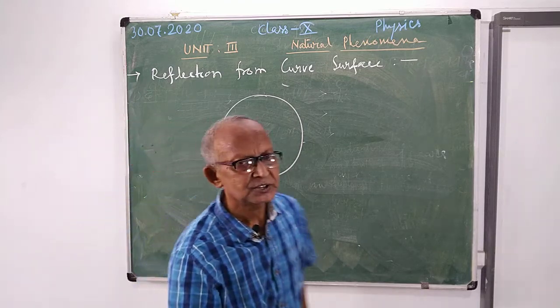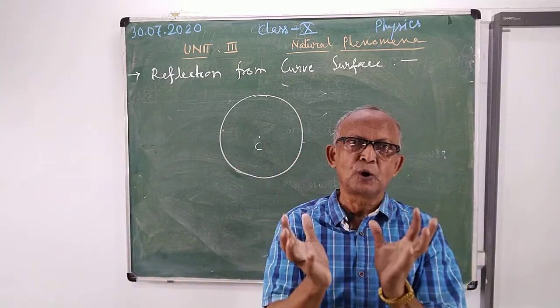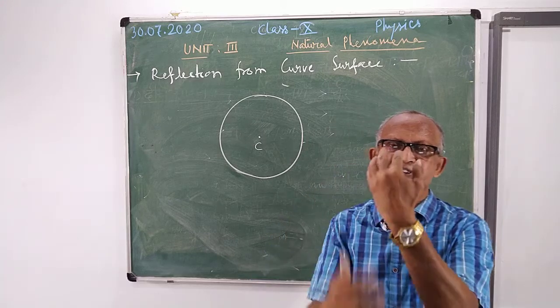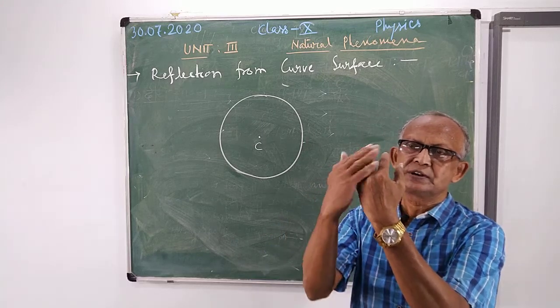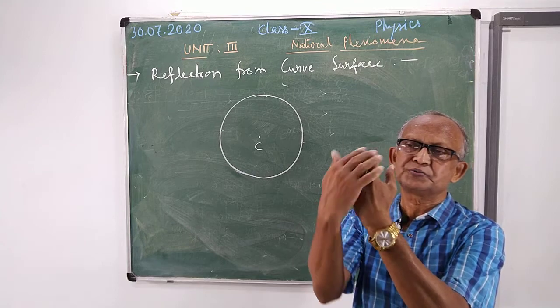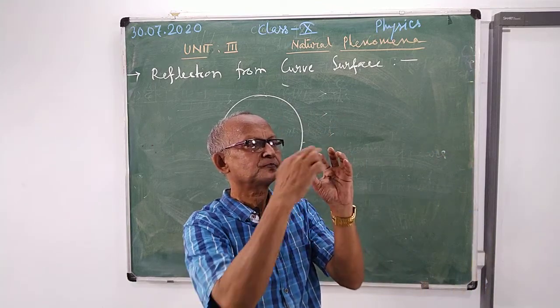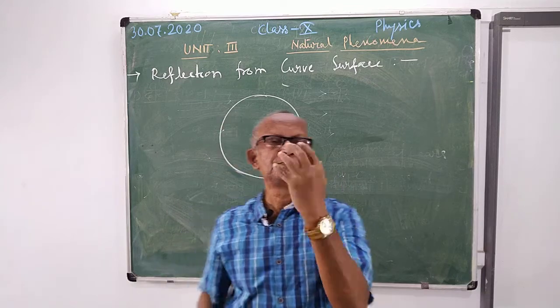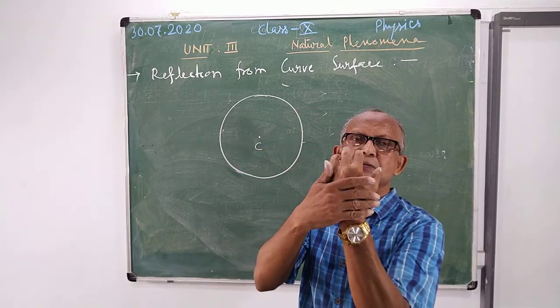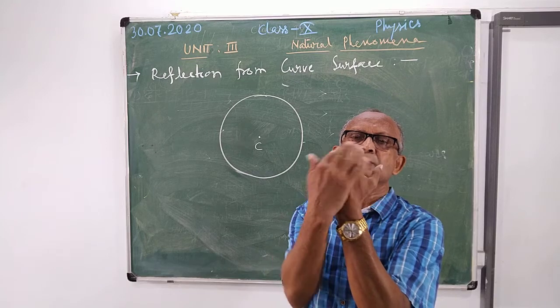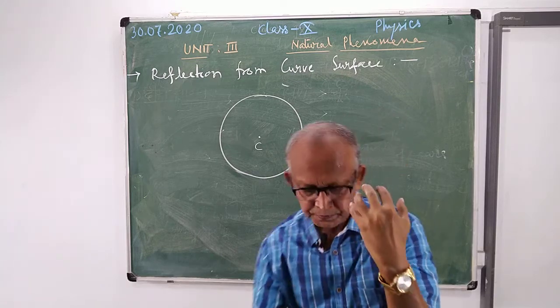Now if you take a small section of this football, on this side you see a circle that is curved inward, and this is curving outward, bulging out. This is the curved surface which you see from outside.